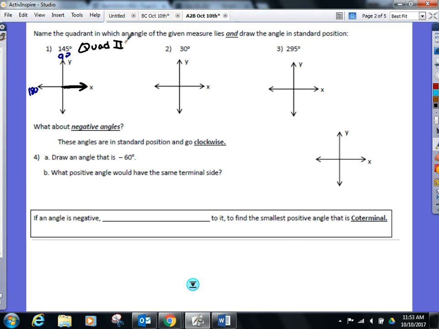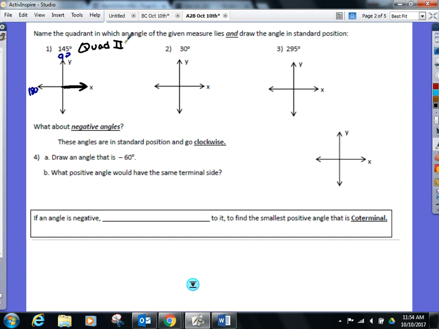Now, I am not looking for exactness, but you better be in the ballpark. 145, should it be closer to 180, closer to 90, or just smack dab in the middle? Is it closer to 180? Is it closer to 90, or in the middle? Directly in the middle?